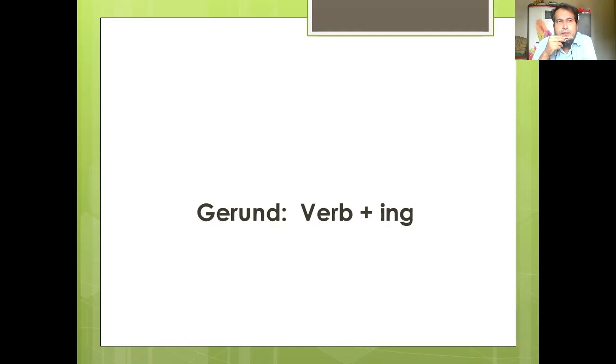For example, if I say he is writing a letter, here writing is the present continuous form. Sometimes gerund looks like the present continuous form, but it is totally different in function. If you look at some of the examples, it will be clear to you.